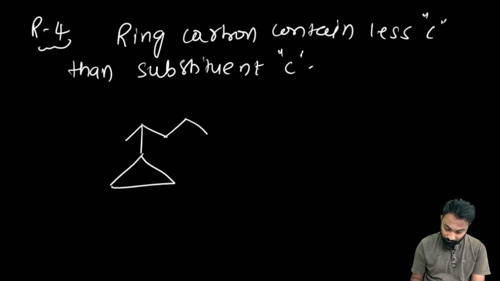Next one. If the ring contains fewer carbons than the substituent carbons or side chain carbons, now you see the side chain carbons we are having, 1, 2, 3, 4, 5. 5 we are having. But here the ring is having how many? 3.